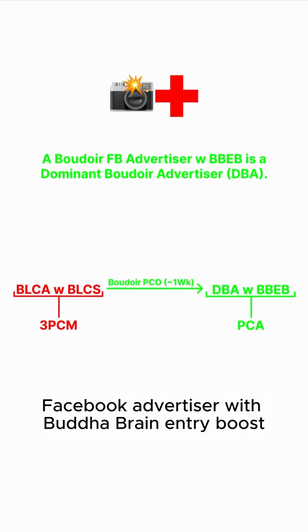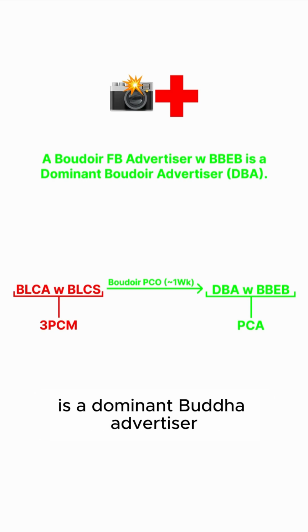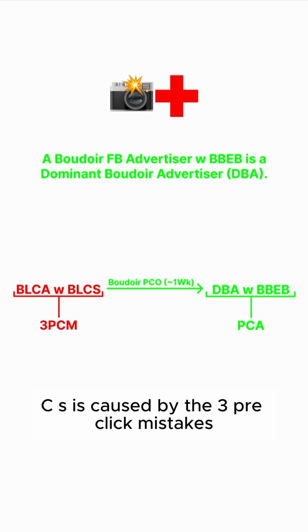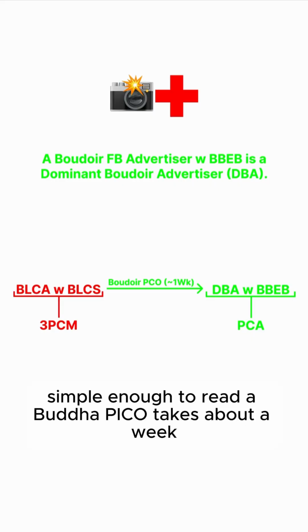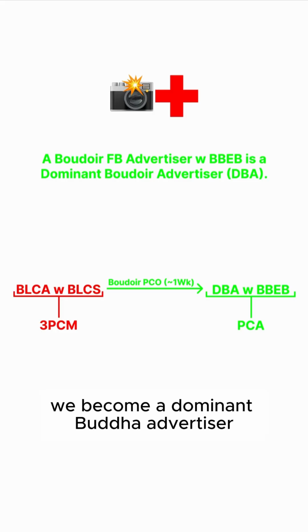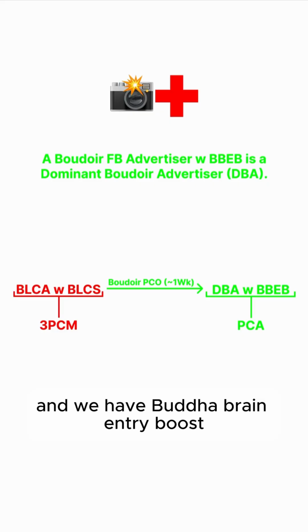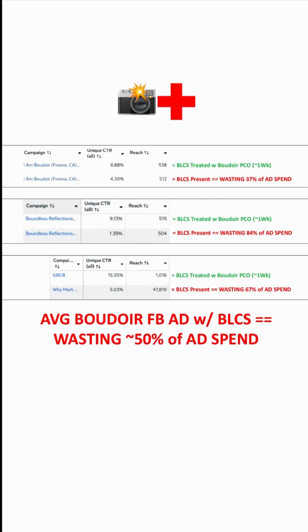And a Boudoir Facebook advertiser with Boudoir Brain Entry Boost is a dominant Boudoir advertiser. So here's our universe: BLCA with BLCS is caused by the 3 pre-click mistakes. Simple enough. Treated with Boudoir Pico, it takes about a week, and we achieve pre-click alignment. We become a dominant Boudoir advertiser, and we have Boudoir Brain Entry Boost with our Boudoir Facebook ads.